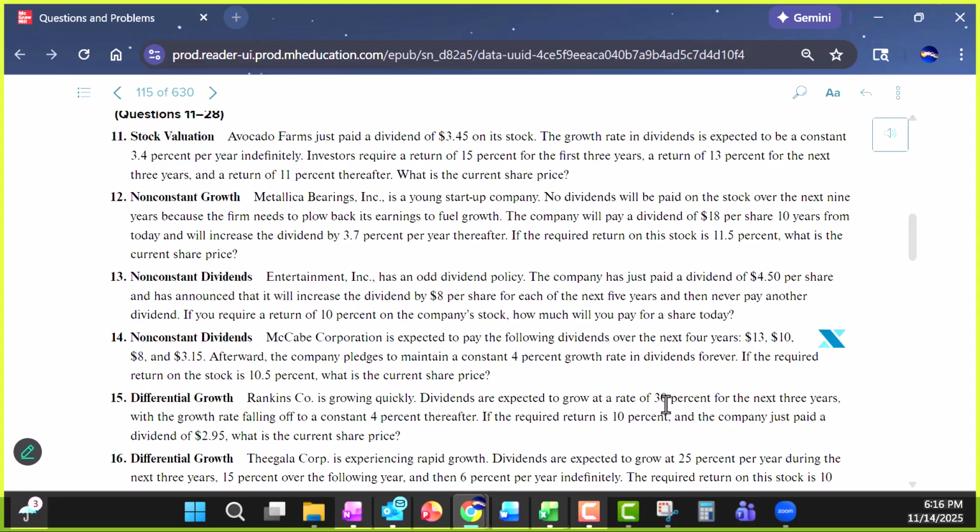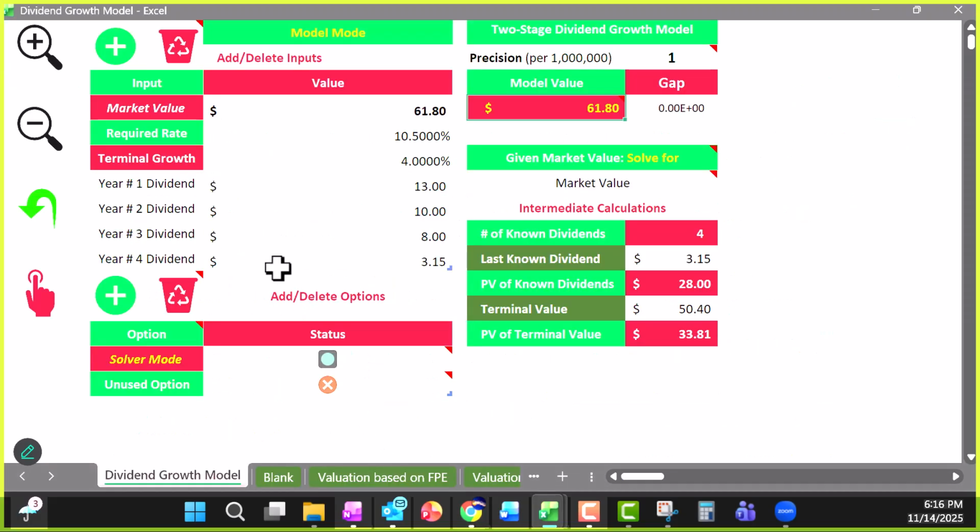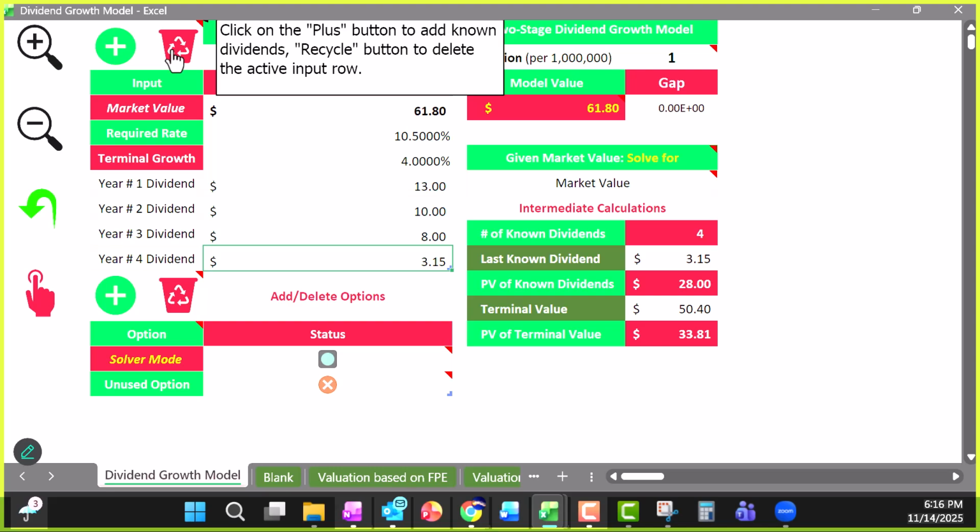Next 3 years, dividends are going to grow at a rate of 30%. After that, it's going to go down to 4%. We know the current dividend is 295. What's the current share price? Well, in fact, in this case, I don't even need this.